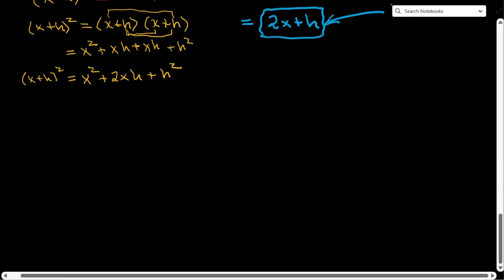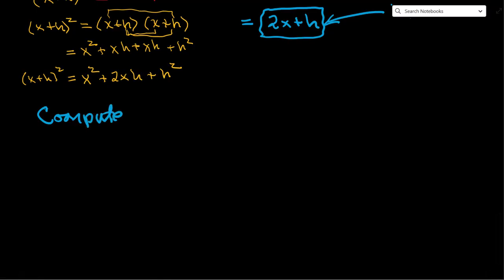We could compute the difference quotient using x equal to 7 and let's say h is 0.1.